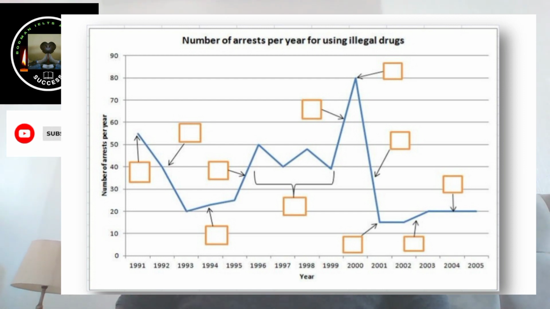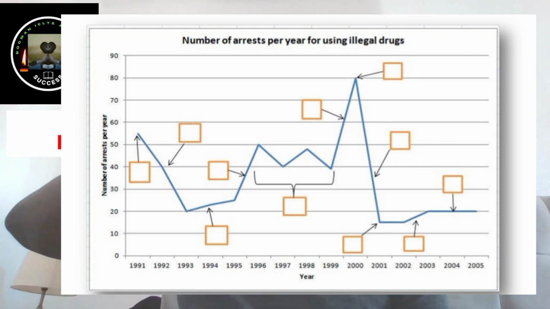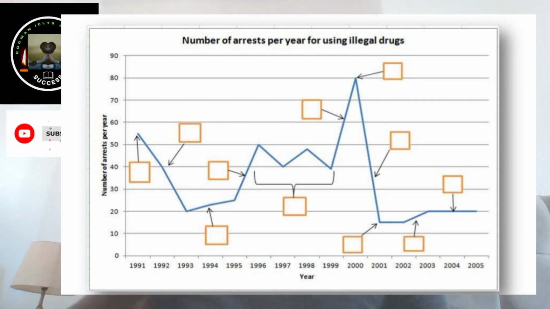For me, I can see that if you look at 1, 2, 3, 4, 5, 6, the sixth yellow box, you can see the line went up. It was very long. I can use increased significantly there. And I can also use increased significantly on the fourth yellow box.